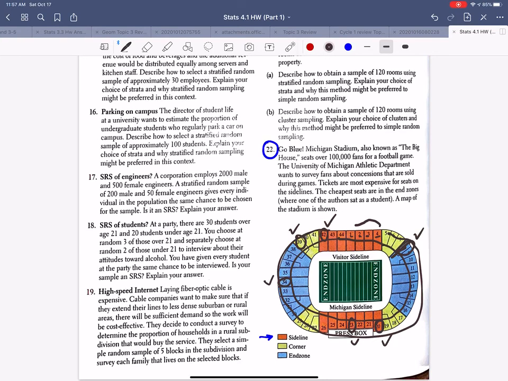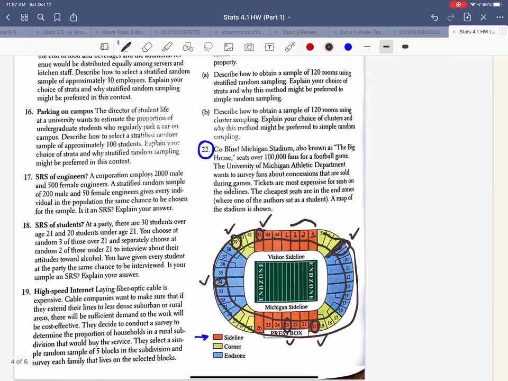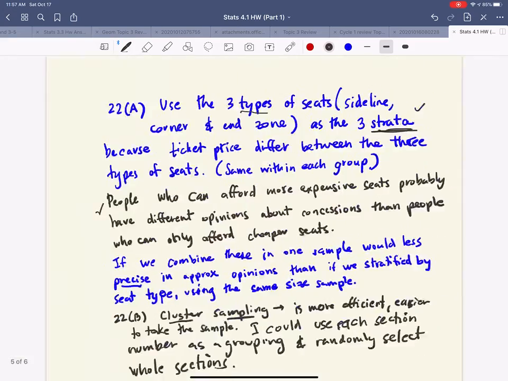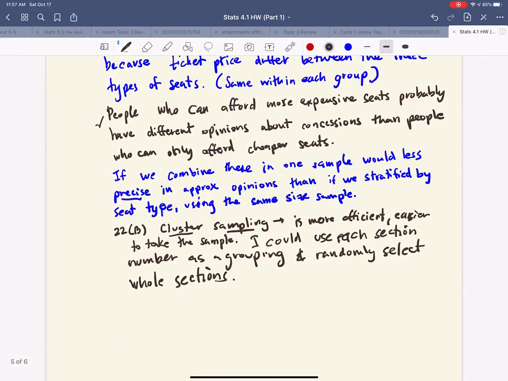Notice just by checking sections, I might get hardly any yellow, right? Maybe more of one color. So there would be pluses and minuses, but this cluster sample would be much more efficient and easier to administer than a pure simple random sample. And I could use each section's number as a grouping and randomly select the whole section or sections.